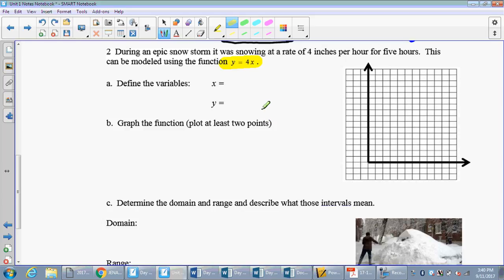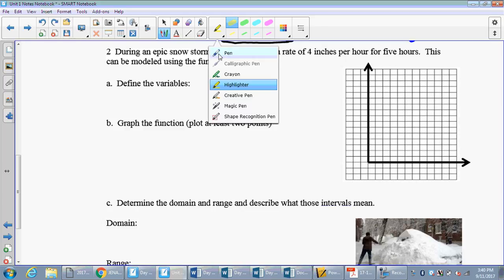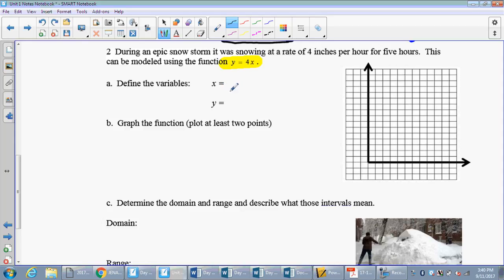Define the variables. Okay, well, let's really think about what we're talking about. We've got the snow. It's falling. It's very exciting. Can't wait for some snow days this winter. Just a couple. We want to get out early in June. But it's snowing, and I see that it's measured in inches. And I also see time is mentioned as hours. So from science and math from last year, I hope that we remember time is always the independent variable.